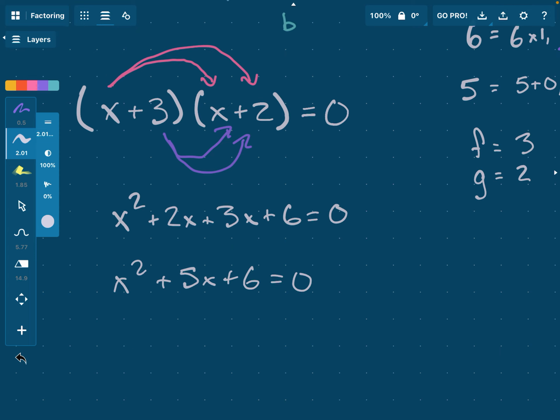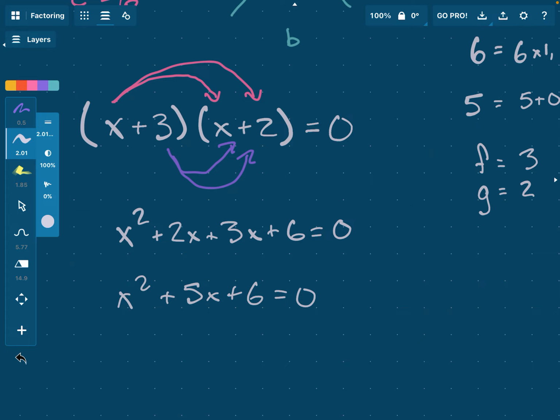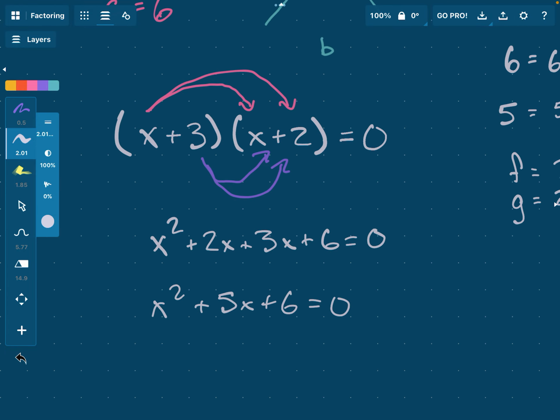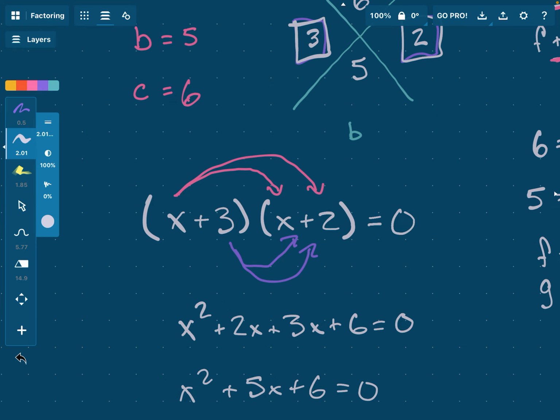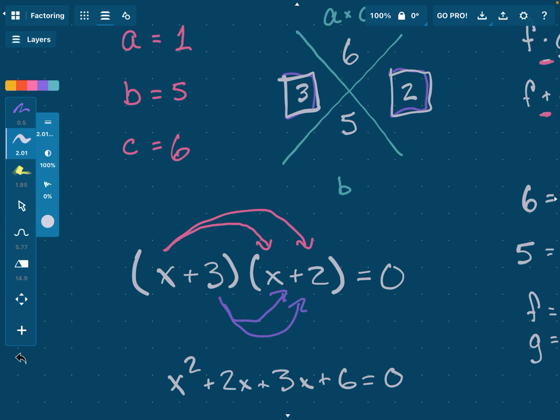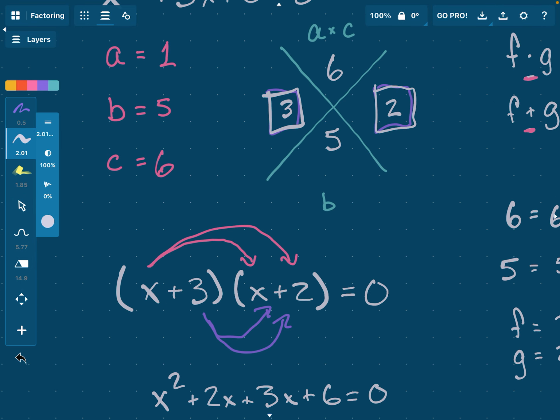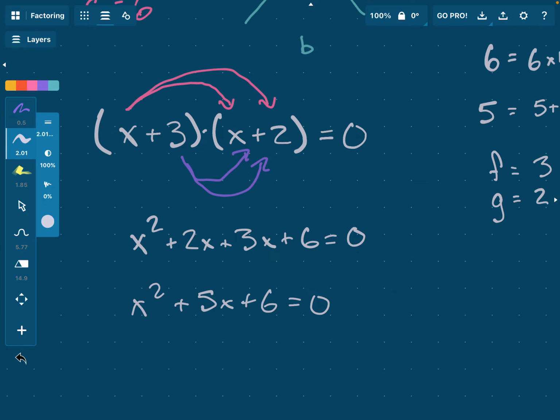What I'd imagine here is we're taking these numbers, 3 and 2, and we're using them to solve by grouping, which we're going to look at later in this video also. But for now, just know that we're going to take the two numbers that we solved for, f and g over here, and we're just going to take x plus f and x plus g and multiply these two binomials to each other.